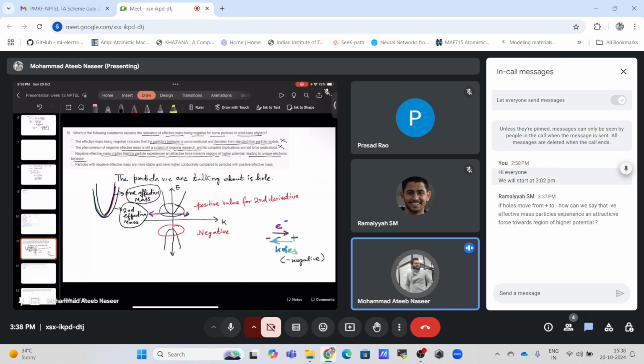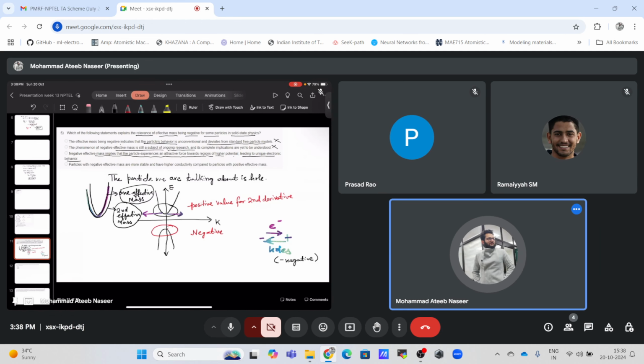Let me recalculate what we have said over here. This is our electronic motion. Electrons will move towards the right and higher potential. You must have seen the energy band diagram.